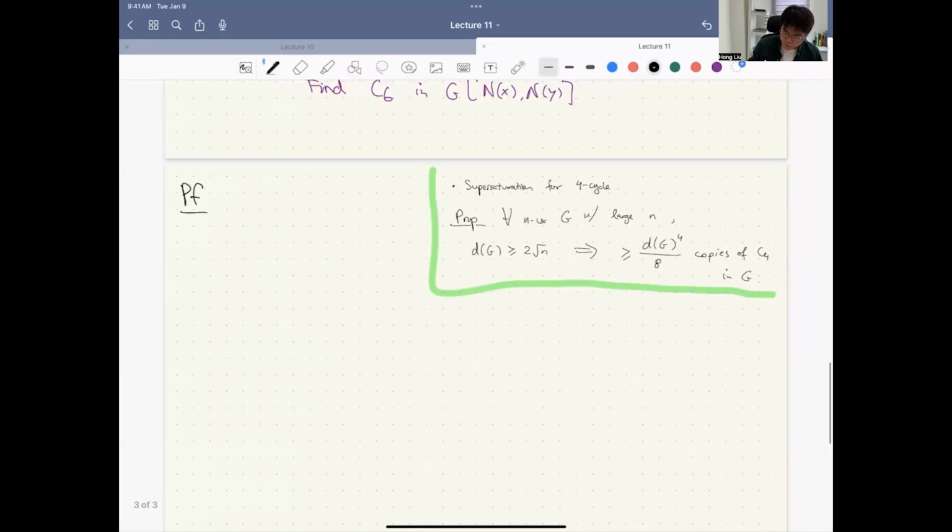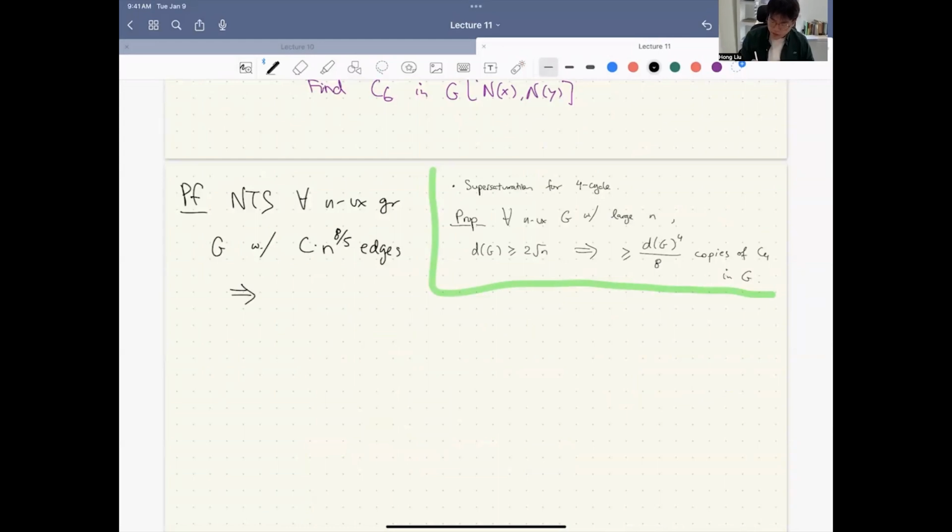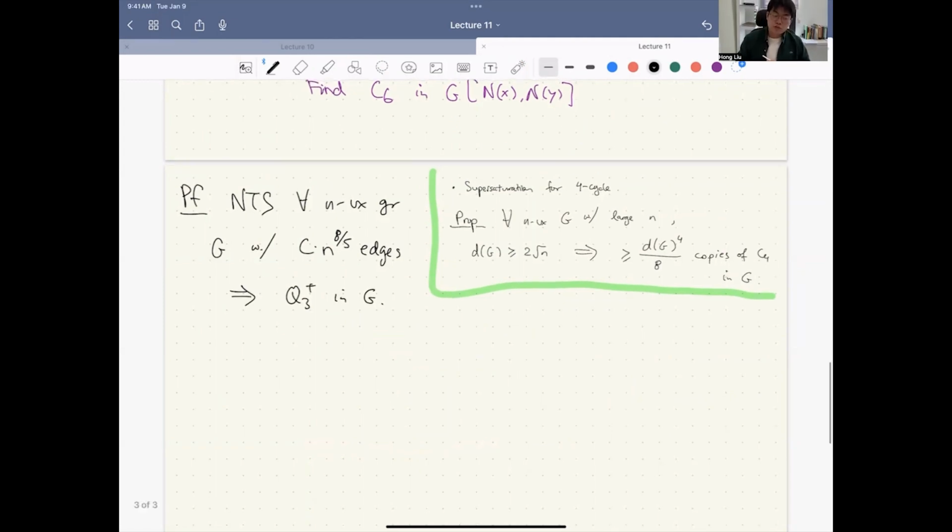We need to show, for any n-vertex graph G with some large constant times n to the 8/5 edges, we can find a Q3 plus in G. Remember this regularization trick of Erdős and Simonovits.